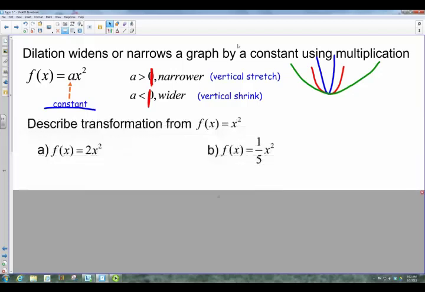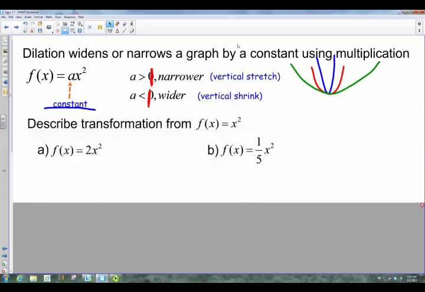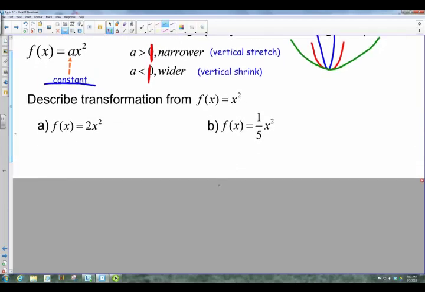Alright, so we're going to be looking at this, and we want to describe the translation from f of x equals x squared. So I've got to come to my first example. Example a, f of x equals 2x squared, and pick out the a. So the a is 2. Well, 2 is greater than 1.